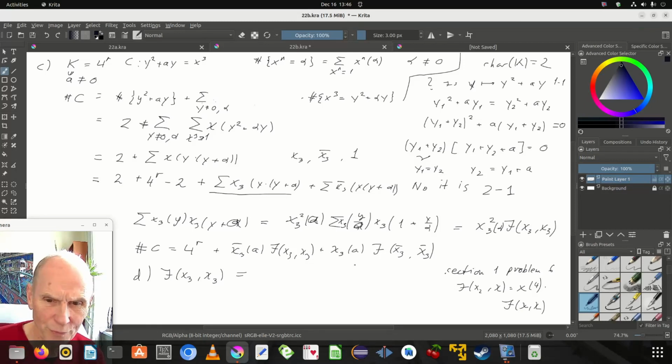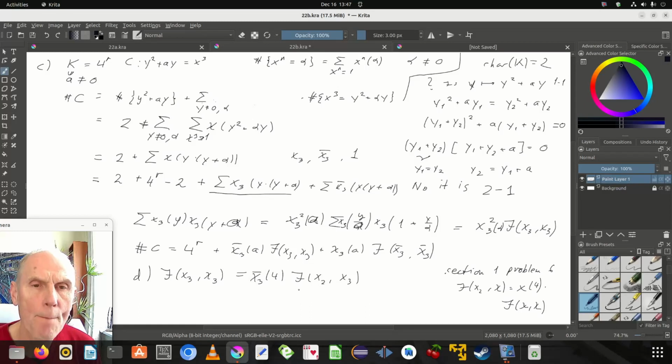There we go. So this is equal to chi3 bar of 4 times J of chi2, chi3. But chi2, oh, what if it doesn't exist?